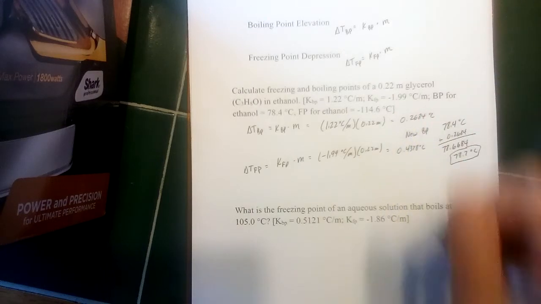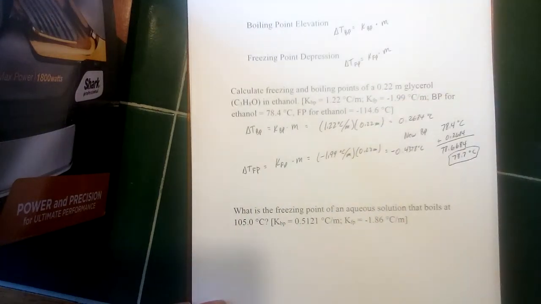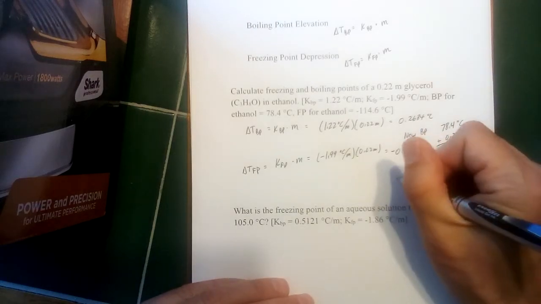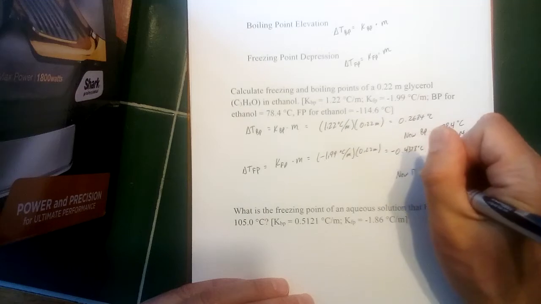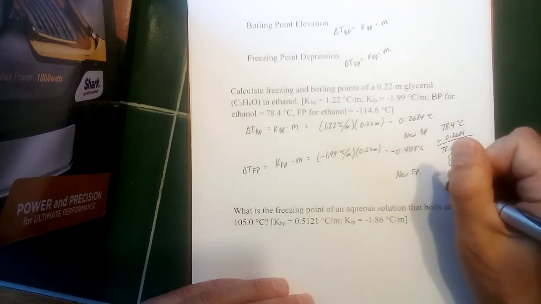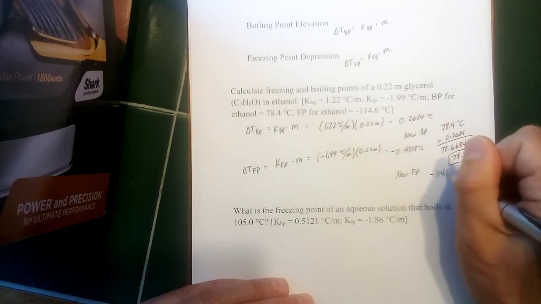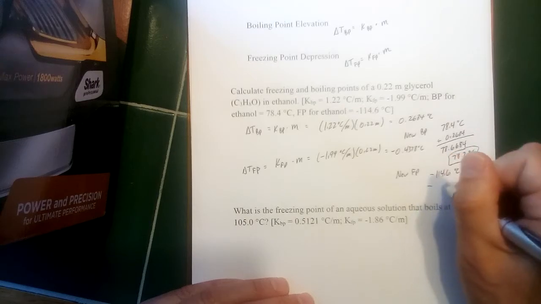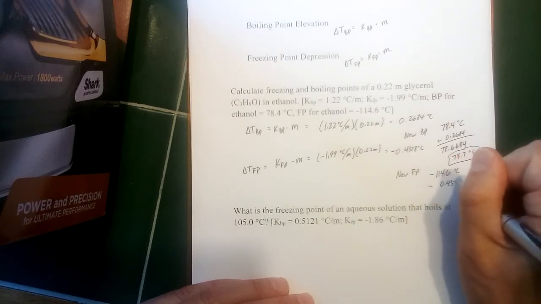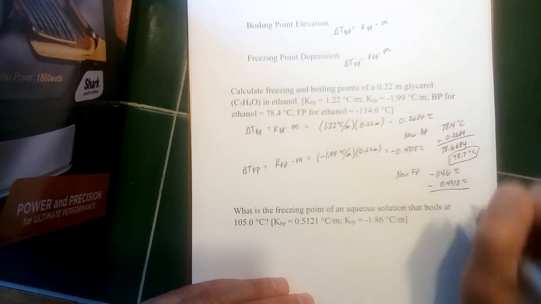Now again, this is a change, although that is negative. Don't forget the negative there. So we're going to subtract this from the actual freezing point of the pure material. So the new freezing point would be negative 114.6 degrees Celsius minus 0.4378 degrees Celsius.